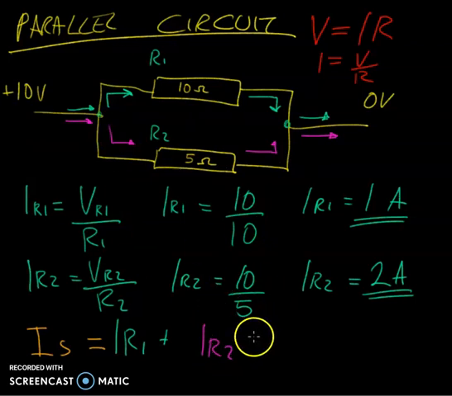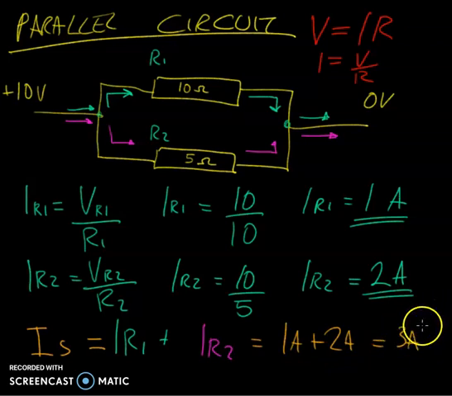Let's put some figures in there, which is equal to 1 ampere from the top branch plus 2 amperes from the bottom branch, which equals 3 amperes. So we've actually solved that bit of the circuit quite easily. That wasn't that tricky at all.